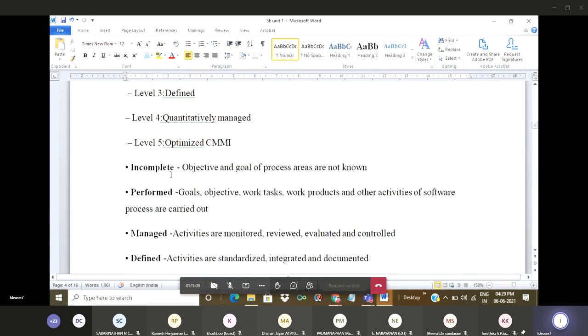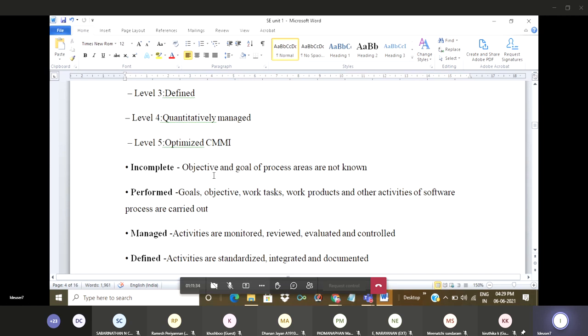In this level one, there won't be any objective or goal to be performed. Incomplete in the sense nothing is known. There is no objective, there is no goal to process a project. The objectives and goals of the process are not known in the beginning, so this level is called incomplete.